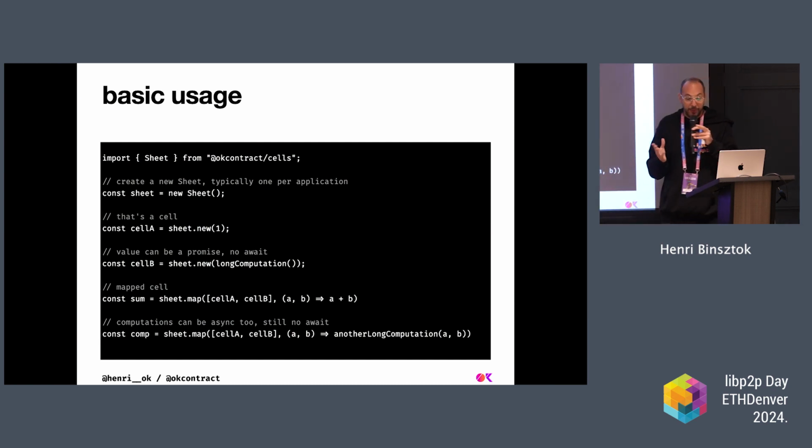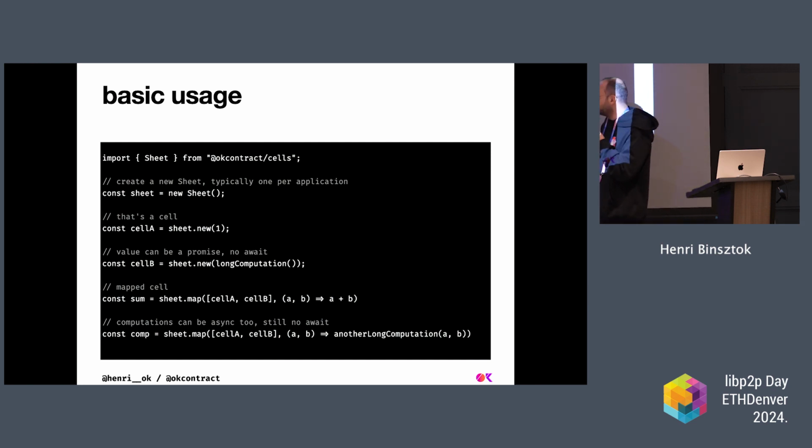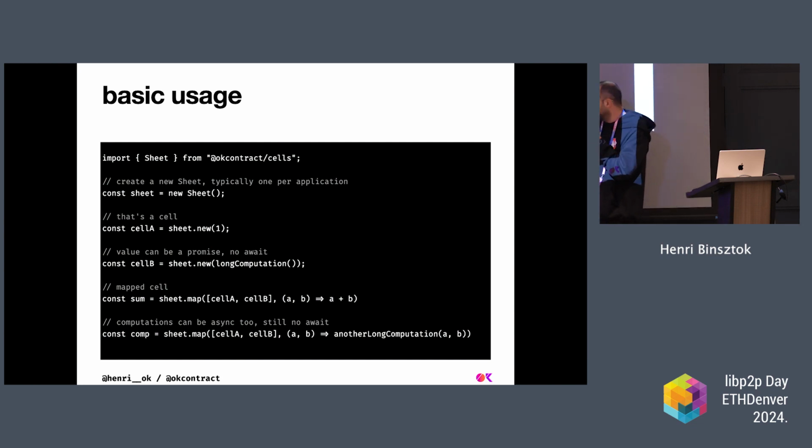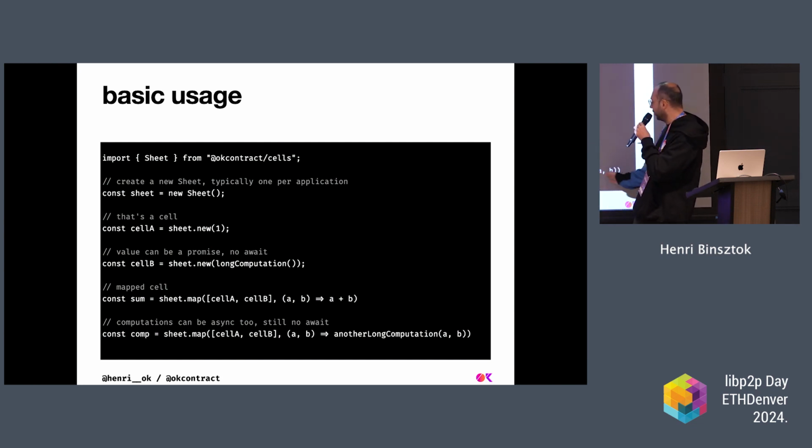When we compile basically the whole definition, it makes a graph, and the runtime of it will wait when it's necessary and recompute everything. And the computations themselves as well can be asynchronous.